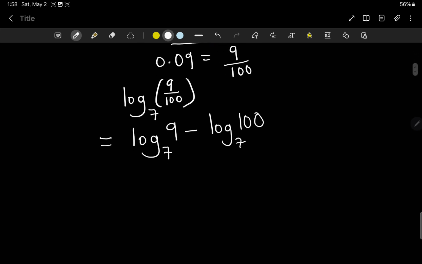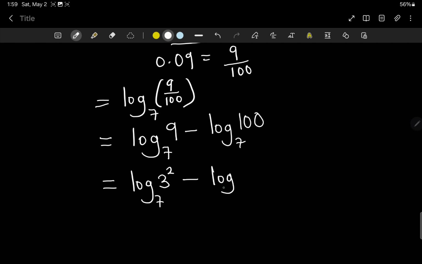Now let's go to the next step. Now that we have it this way, let's write our log 7 here, and 3 raised to the power 2 will give us 9. So let's write it here, minus. Now this is where it gets interesting, because we have 100 here. We can furthermore break it into other numbers to make it easy for us.